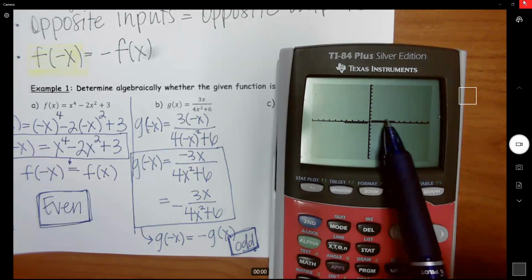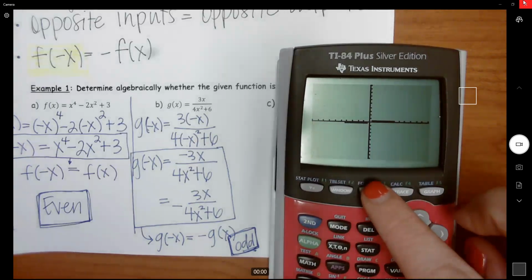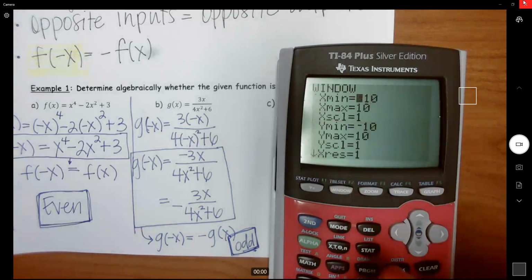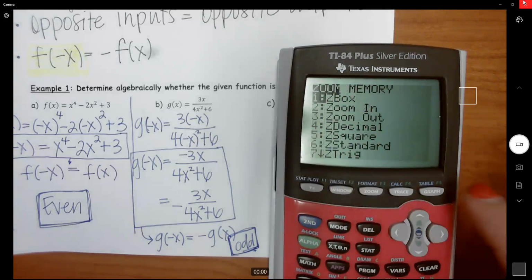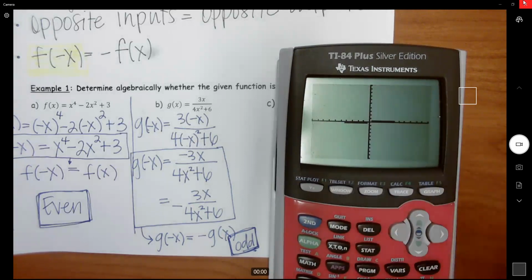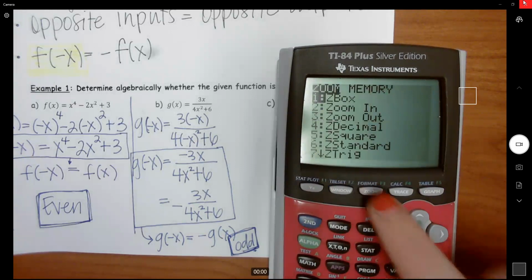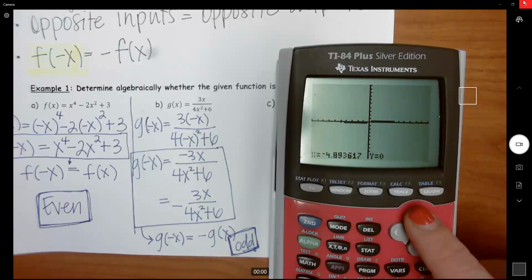I've got very small things going on here. So let's zoom in a little bit. You can go to your window and change your window, but a really cool function here is if I'm just wanting to zoom into this portion right here, I'm going to go zoom and hit Z box, and I can make a box to where I want to zoom in at.